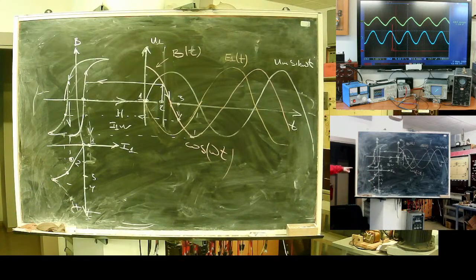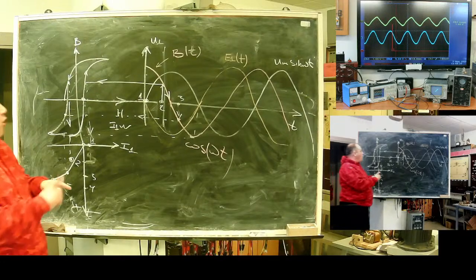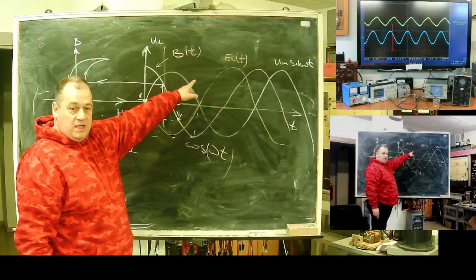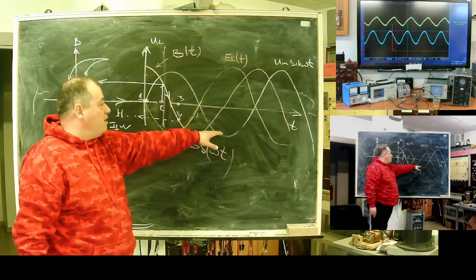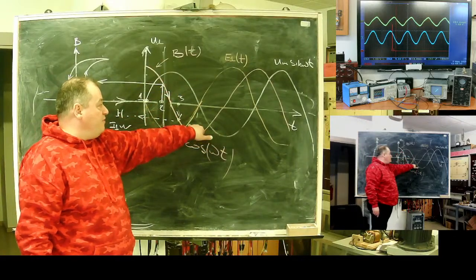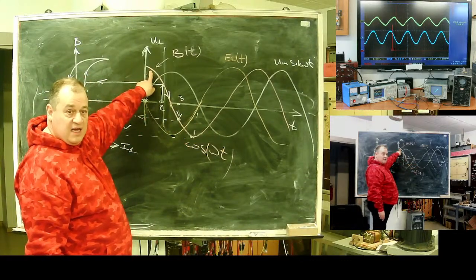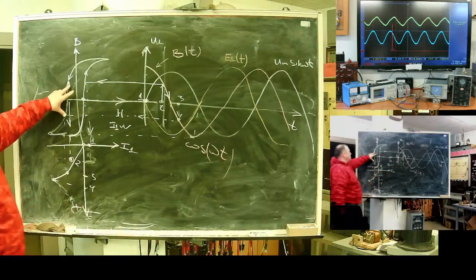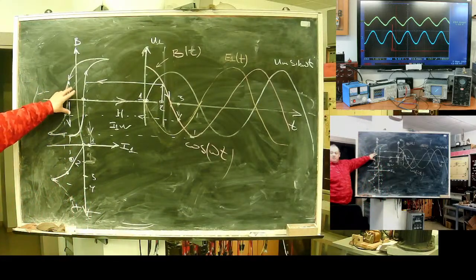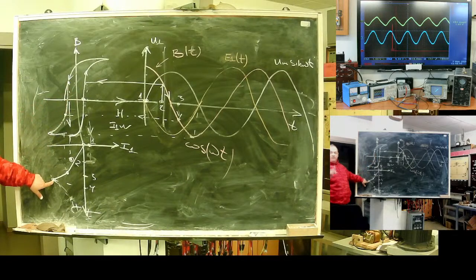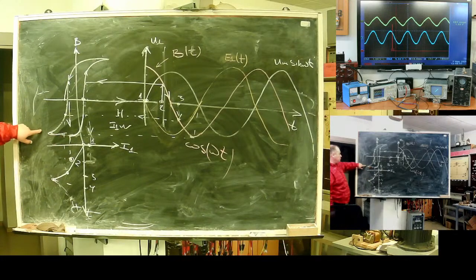That's how I get voltage, harmonic, EMF, harmonic, induction, cosine, again harmonic. But because ferromagnetics do have saturation, current will be not harmonic because of this non-linearity.